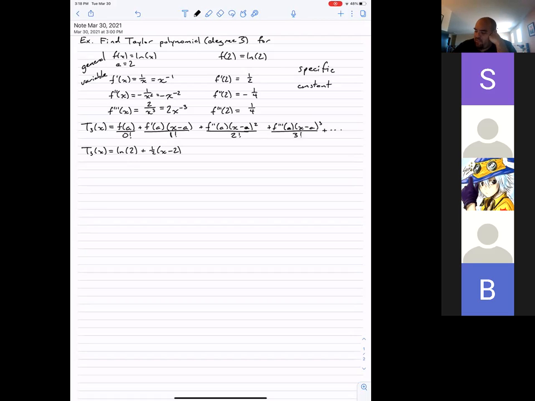So now I think we have even more of the pieces we need to finish this. I'm going to rewrite a couple of things here. So natural log of 2 plus x minus 2 over 2.